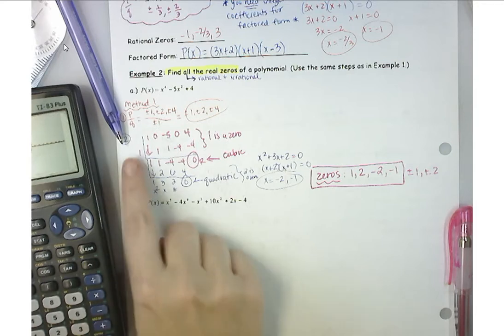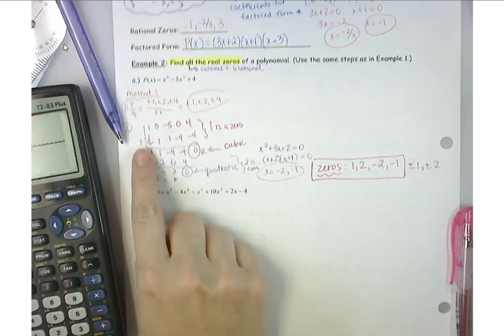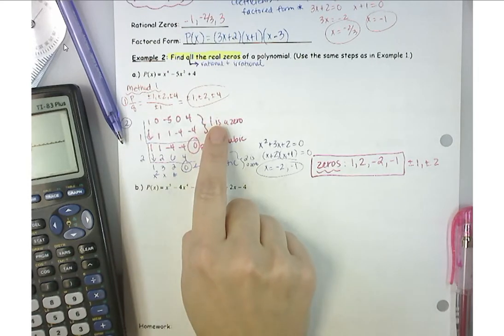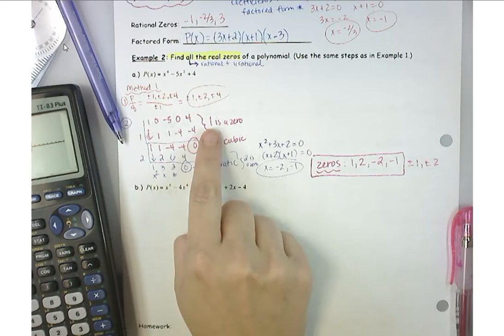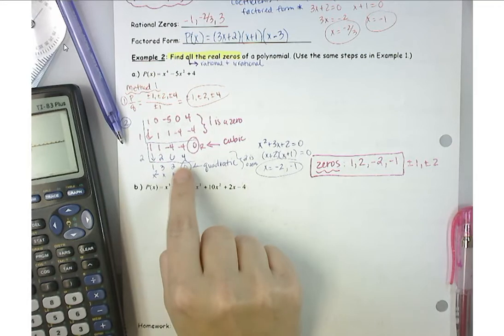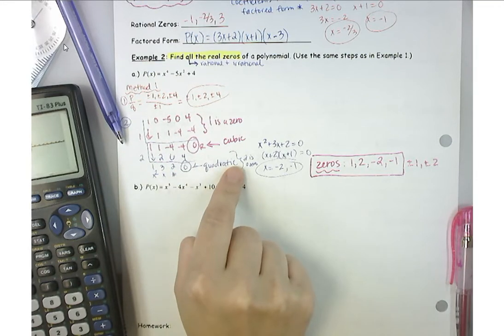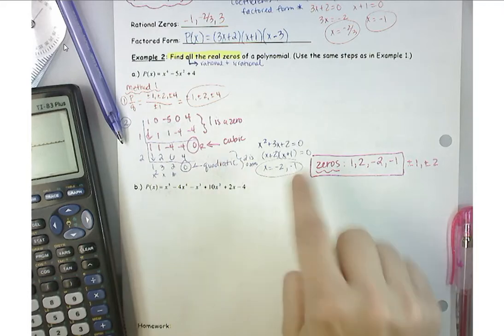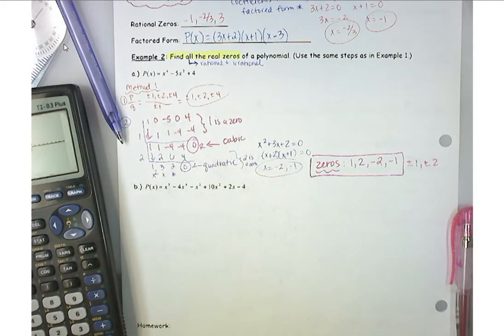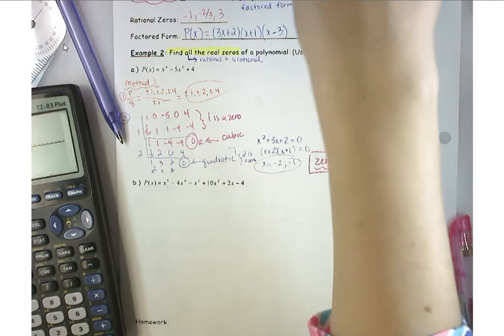Oh, because once you test them with the synthetic division, you know they're a 0. So because your remainder was 0 here, 1 was a 0, and because your remainder was 0 here, 2 was a 0. So 1 and 2 from here, negative 1 and negative 2 from there. Yeah, that's how you're going to get all of them. Did any of you stumble upon another way that you could solve it?